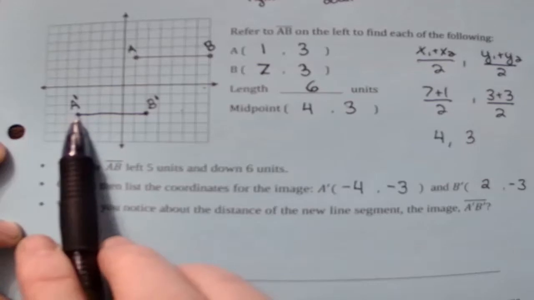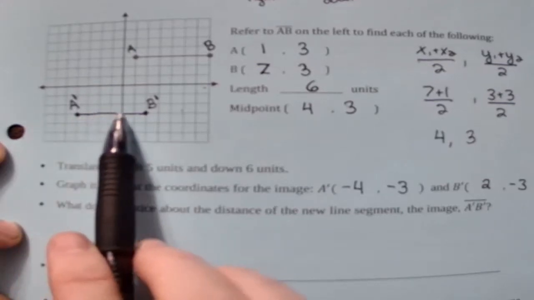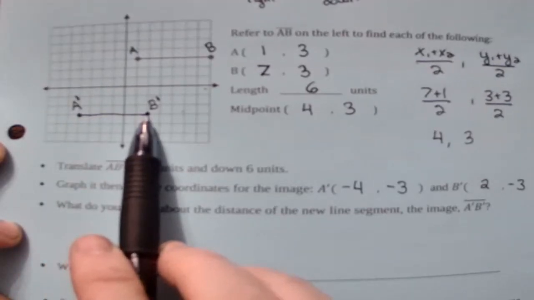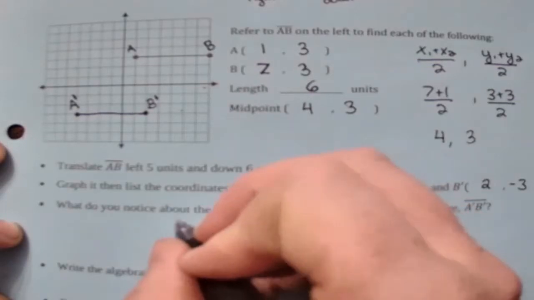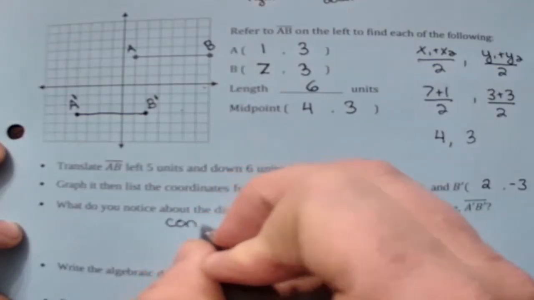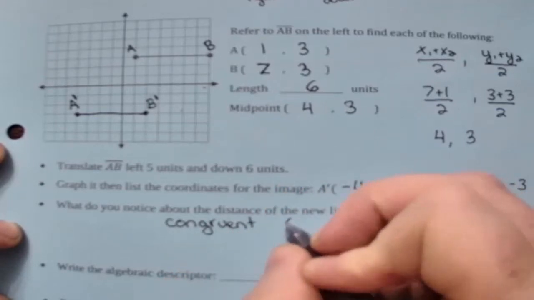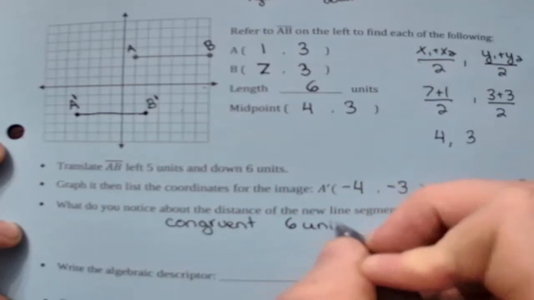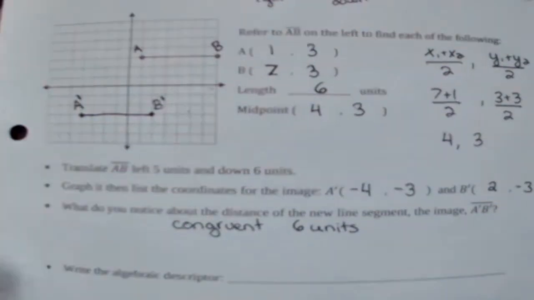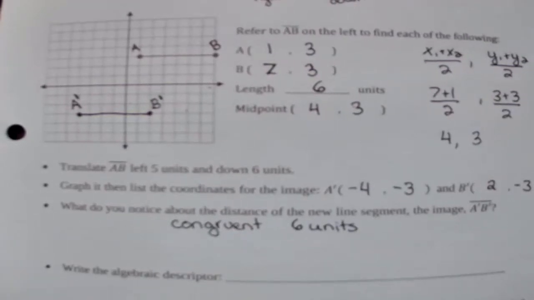Well, let's count. This one is 1, 2, 3, 4, 5, 6. So it is still 6 units. So they are congruent. They are still 6 units. So the size did not change. So when we go down a little bit further, this is actually going to build on what we did in the video before.